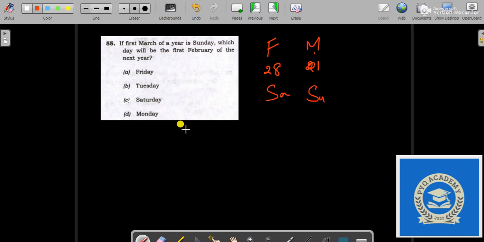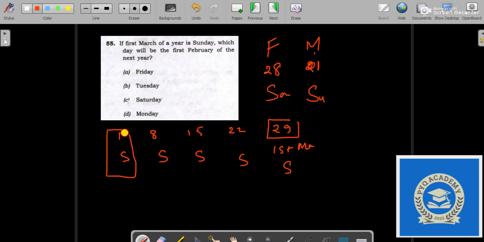Let's count like this: 1, then 8, then 15, then 22, and then 29. Suppose this is the 1st of March. If the 1st of March is Sunday, then 22 will be Sunday, 15 will be Sunday, 8 will be Sunday, and 1 will be Sunday.